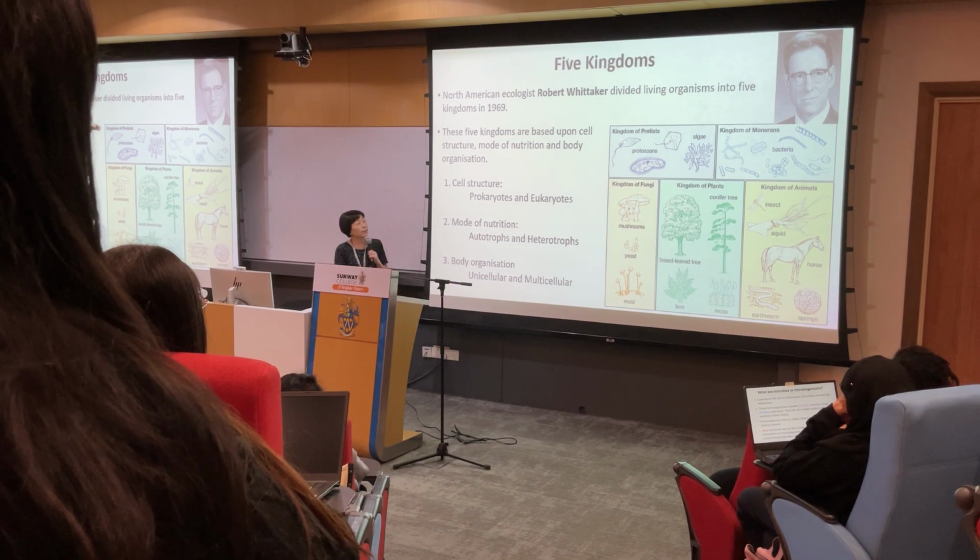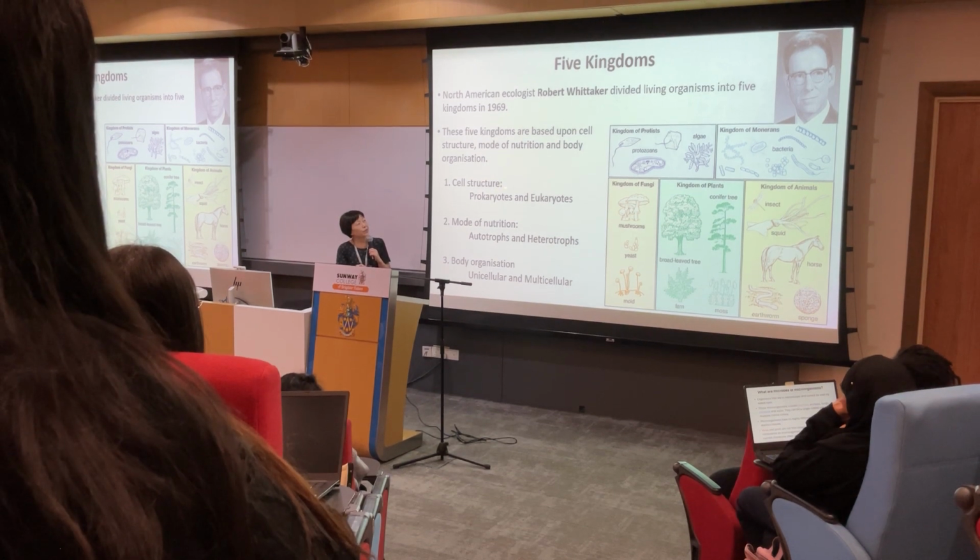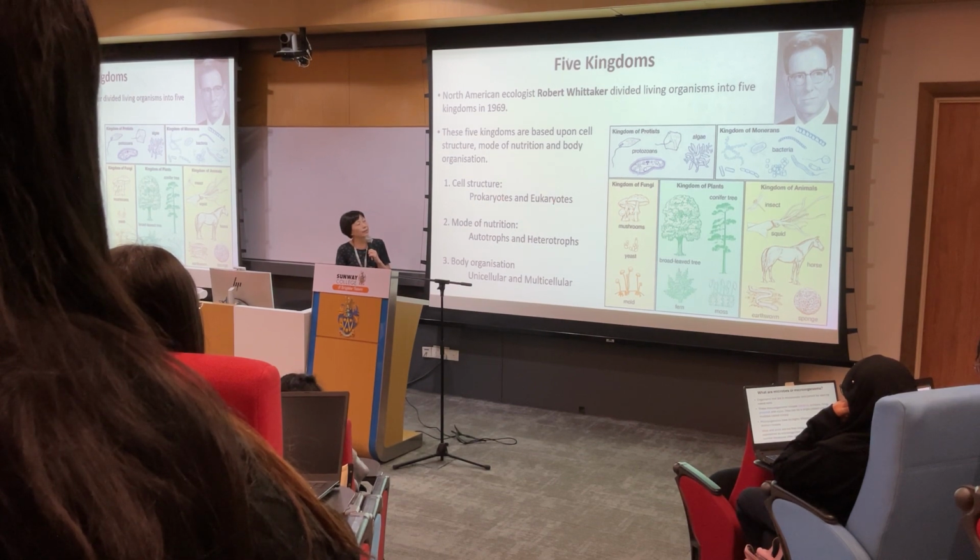And he proposed it based on what? Based on the cell structure, whether it's prokaryote, single cells, or eukaryote, multicellular, or the mode of nutrition, whether the organism is autotroph or heterotroph, meaning that they can synthesize the food or energy by themselves, or they need to take the energy from others.